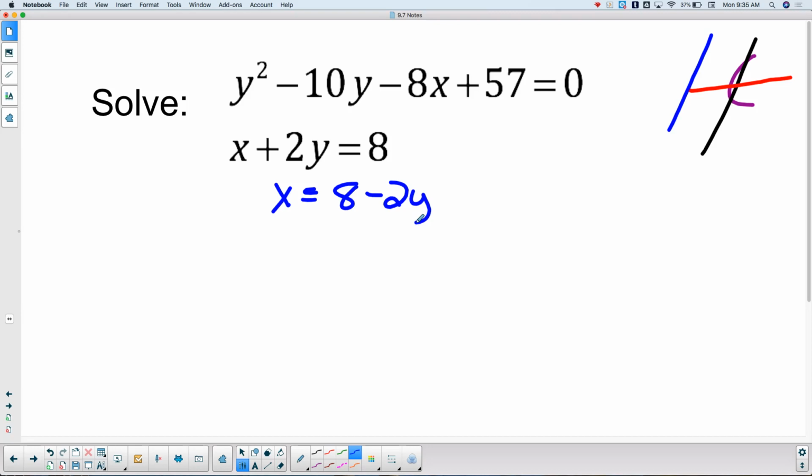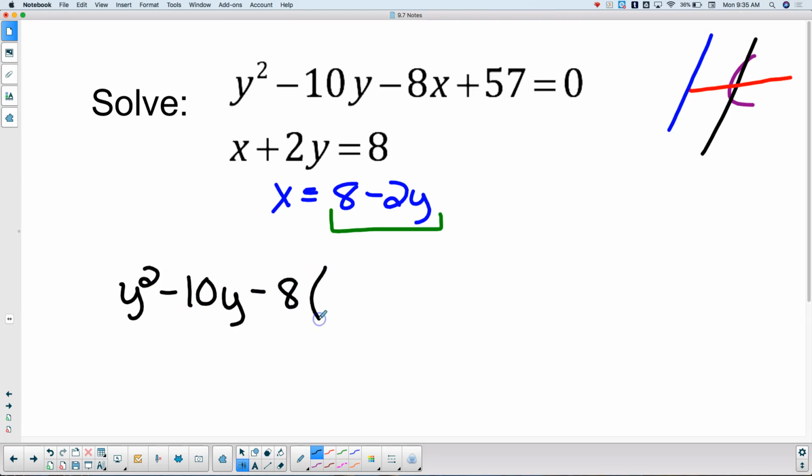Okay? So then I have to put that, 8 minus 2y, in place of x. So I get y squared minus 10y minus 8 times 8 minus 2y plus 57 equals 0.